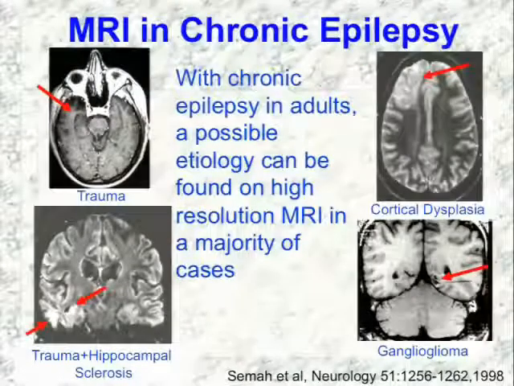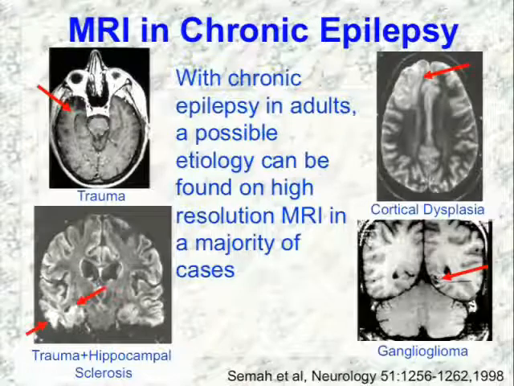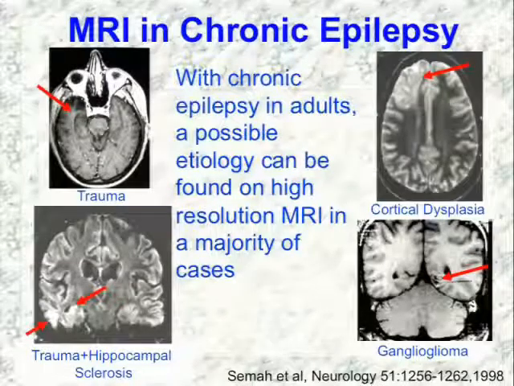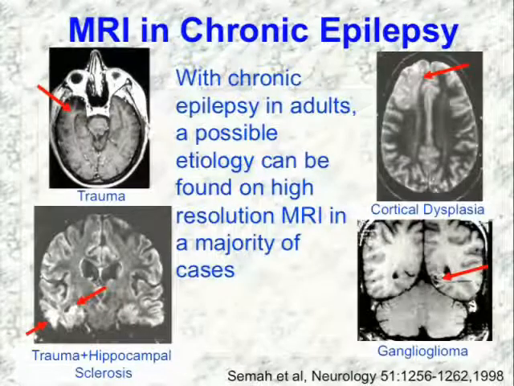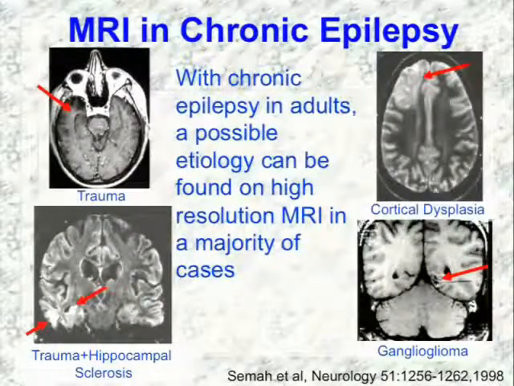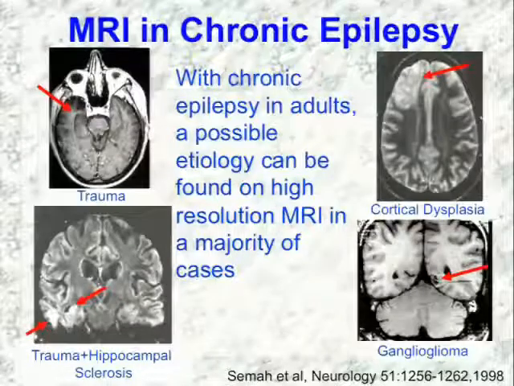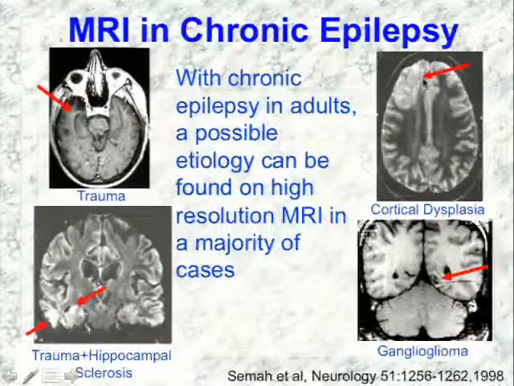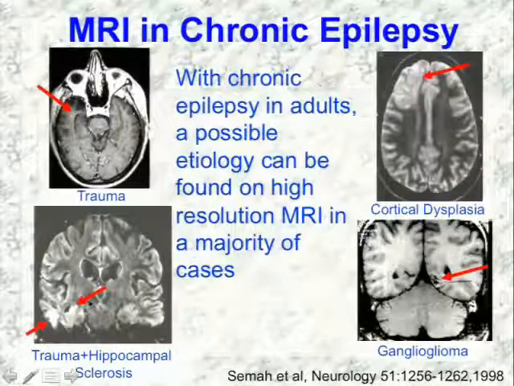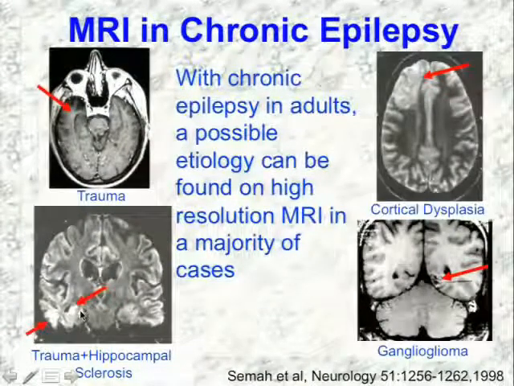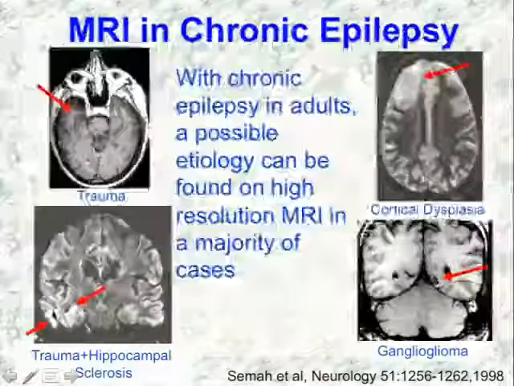But if you look at chronic epilepsy, people with chronic uncontrolled epilepsy, in probably more than 50% of patients you can identify a structural cause. They have chronic focal epilepsy that's uncontrolled. And there's diverse causes. I have a few things here: trauma, focal cortical dysplasia. Here's somebody with a traumatic brain injury, but also mesotemporal sclerosis, or scarring of the hippocampus secondary to the epilepsy.